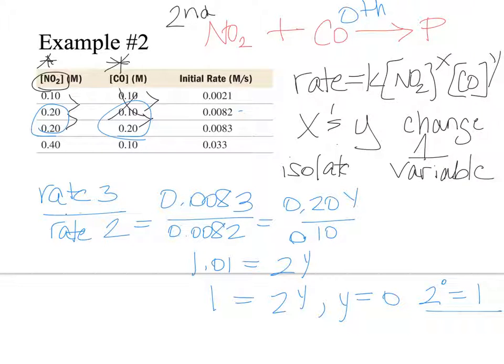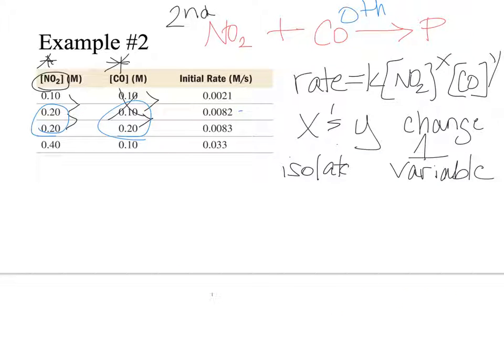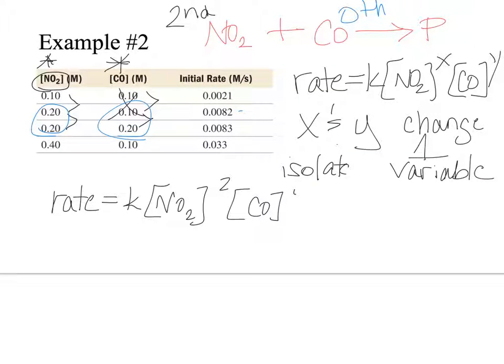Now I can write my rate law and solve for k. All right, I'll erase there. Rate is equal to k times nitrogen dioxide to the second, and carbon monoxide to the 0th.